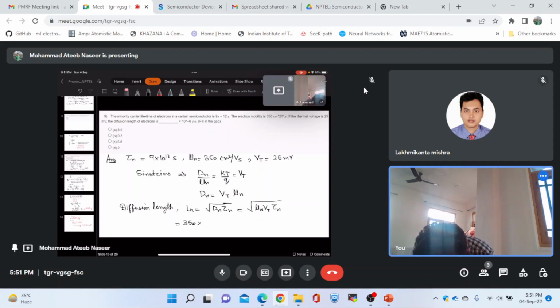350 into this value of 25 into 10 raised power minus 3 into 9 into 10 raised power minus 12, absolutely. So let me calculate this value on the calculator.